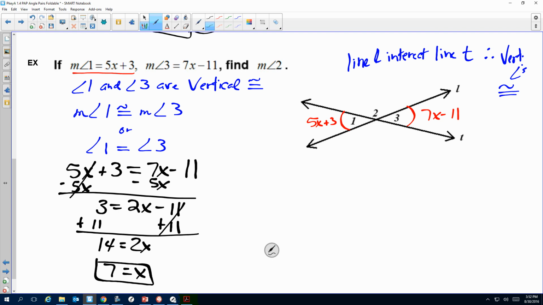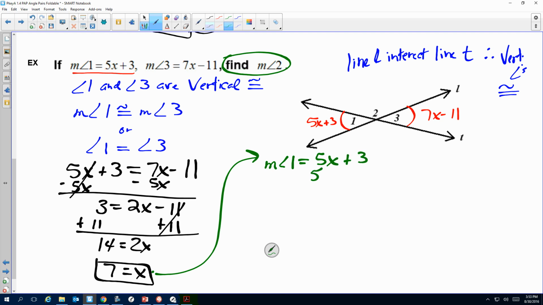And now our problem here is to find the measure of angle 2. So now I'm just going to come over here and substitute. To get to angle 2, I don't have an expression for that, so I'm going to have to use angle 1 or 3. We're going to start with the measure of angle 1. Since that expression was 5x plus 3, we're just going to substitute 5 times 7 plus 3.